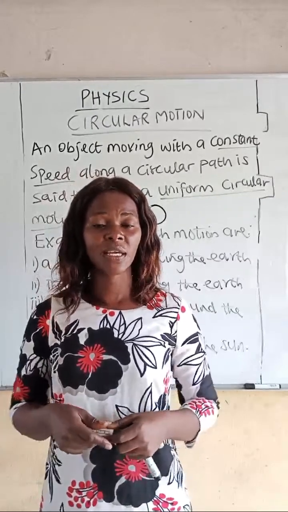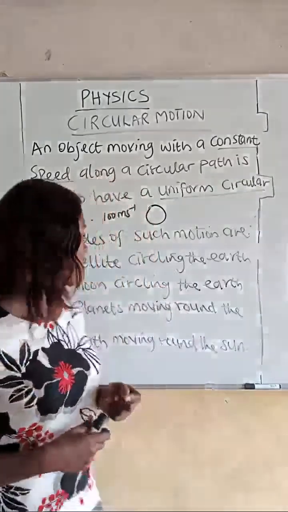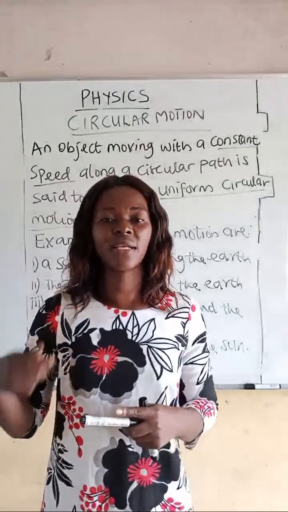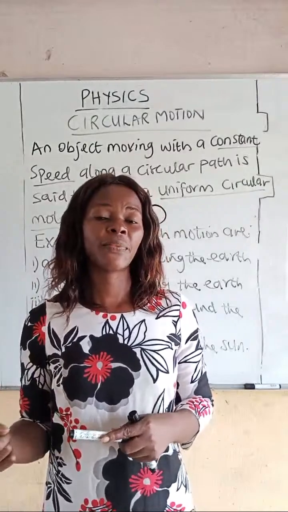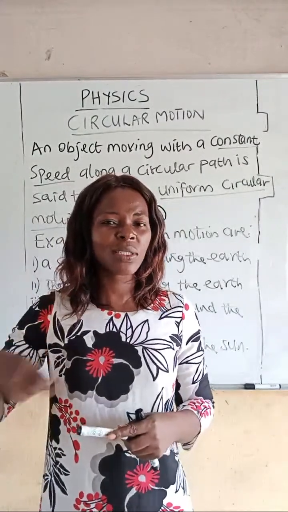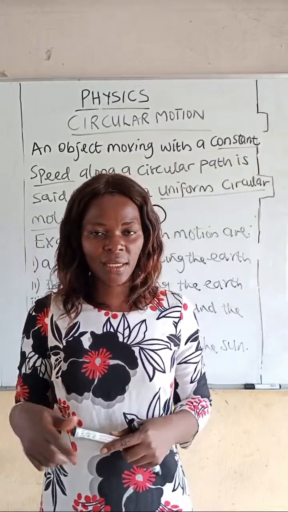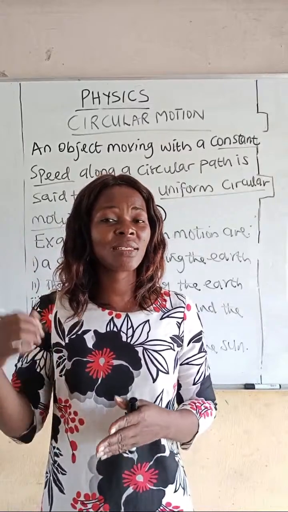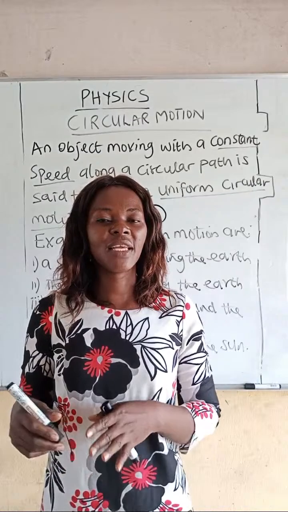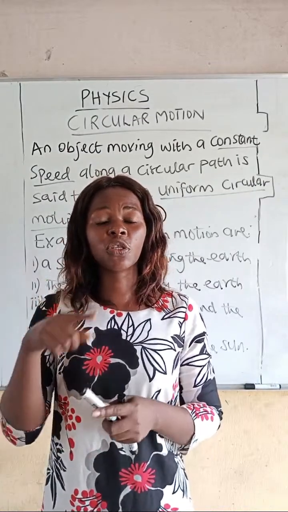Because when you consider constant motion, for example, the earth moving around the sun, it takes 365 days for it to complete 1 year, and it also takes 24 hours for it to complete 1 day. So that is what I mean by constant what? Speed. So it continues like that till eternity. So such motion is said to be under circular what? Motion.